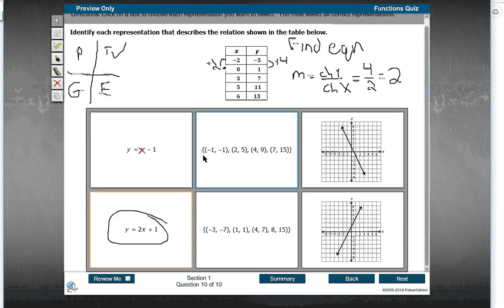Now, again, I could do the points, I could do the graph. Any of these works at any time as they are all the same representation. So if you're looking at the two graphs, which one has a positive slope?